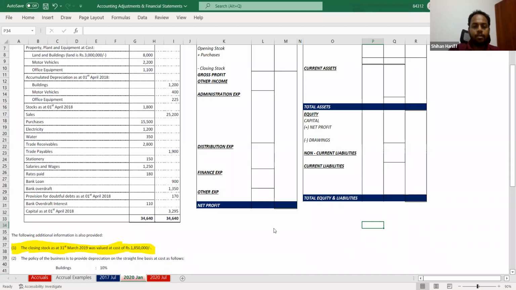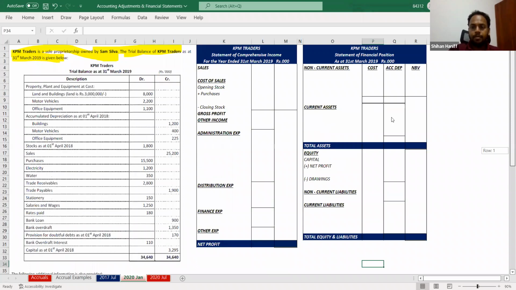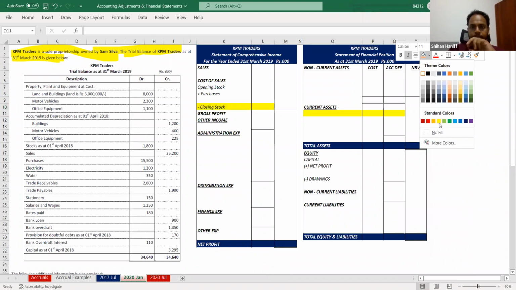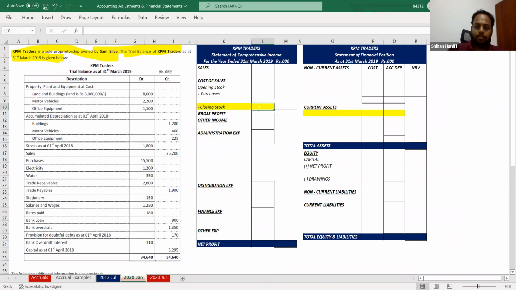The cost is 1,850. So the double entry: one entry goes to the cost of sales, minus 1,850.